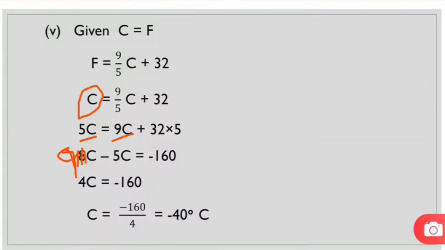That is 4C equal to minus 160, because 9 minus 5 is 4. Now again we transpose 4 to the opposite side, so C equal to minus 160 upon 4, and we can cut this because we'll get 40, so C is minus 40 degrees Celsius. So if we take C in place of F, we will get the Celsius degree as minus 40 degree Celsius.